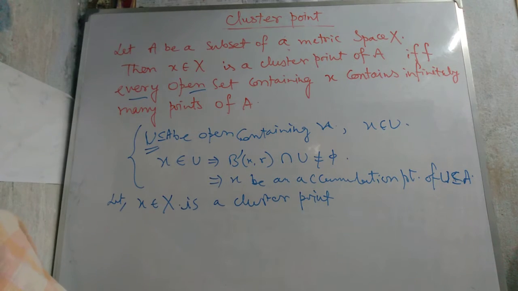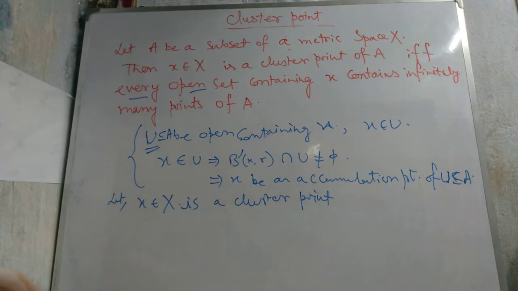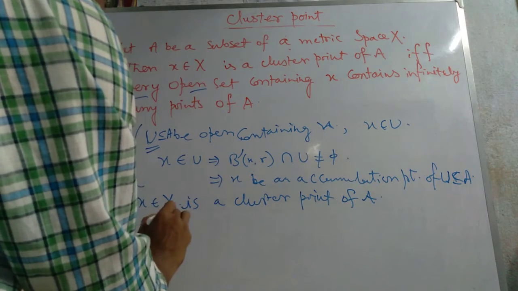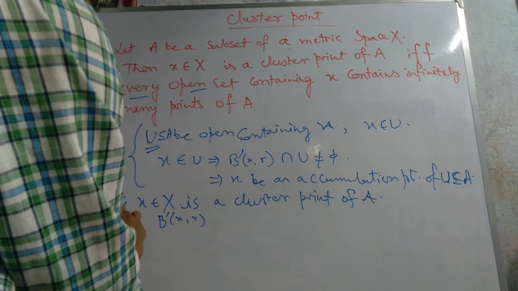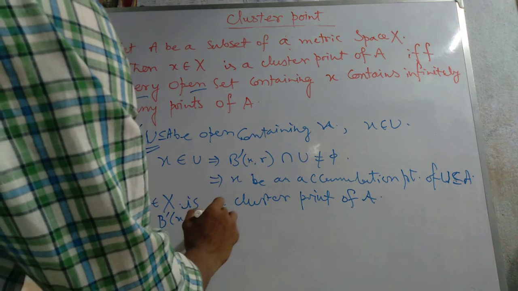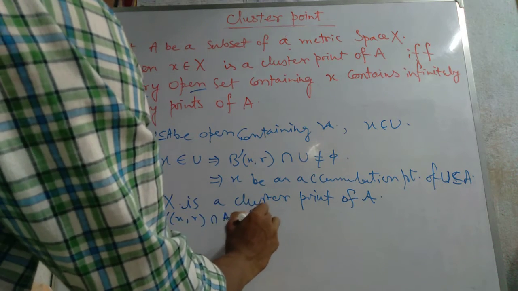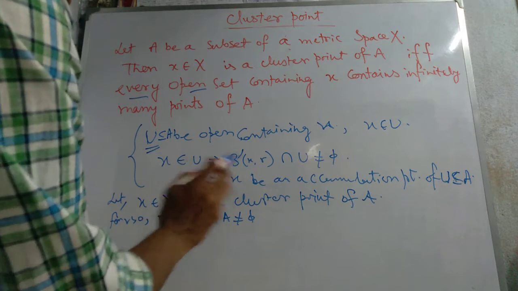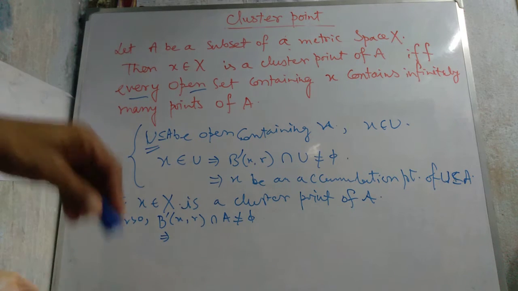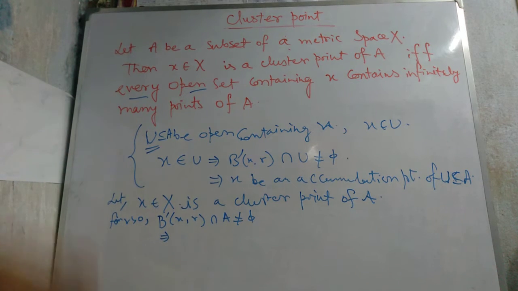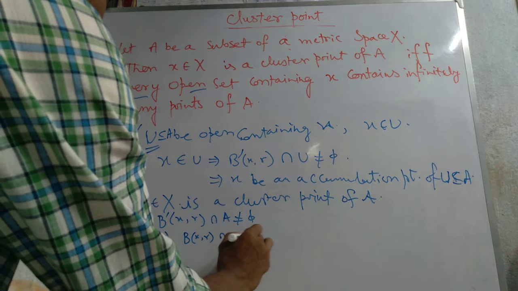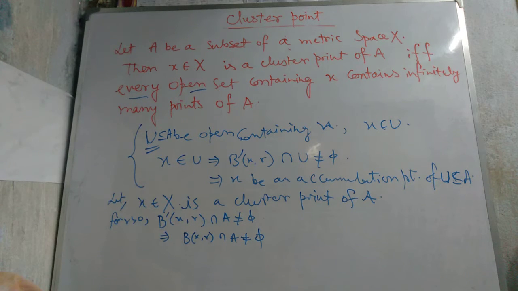So simply now discuss about that. x is a cluster point of A. This means, so simple, B'(x,r) for r greater than 0, B'(x,r) intersection A not equal to phi. Okay. This implies that B(x,r) intersection A not equal to phi.